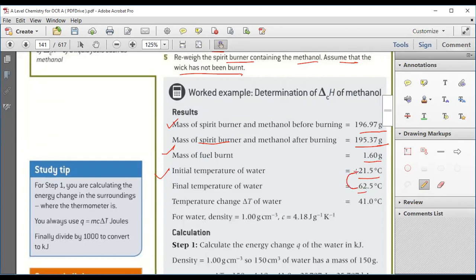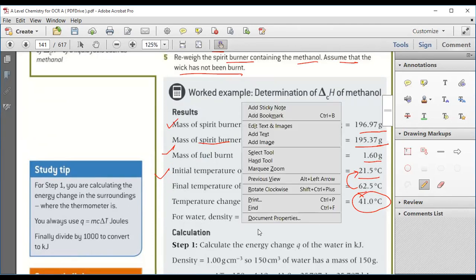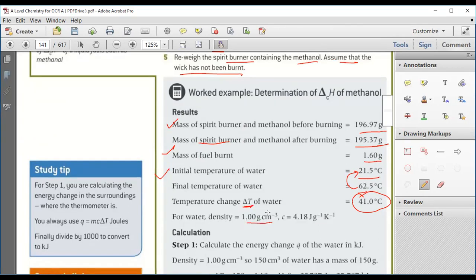So 62.5 minus 21, 41 degrees Celsius, will be the temperature change delta T. Now for water, density is 1 gram per centimeter cube, and C, the specific heat, is 4.18 joule per gram per Kelvin. Clear? Any doubt up to this point?